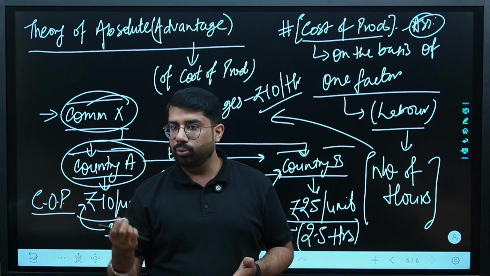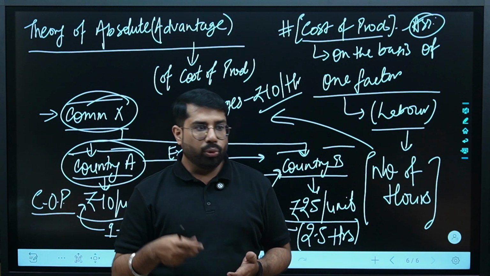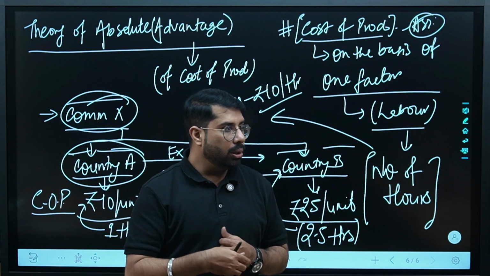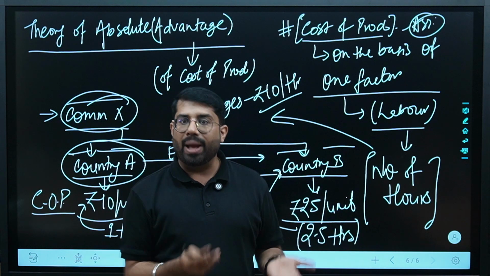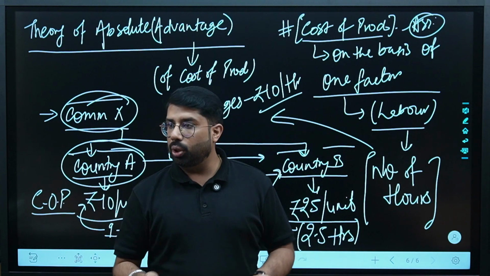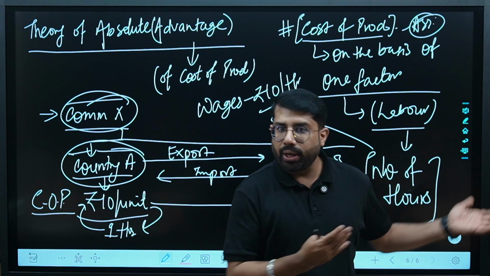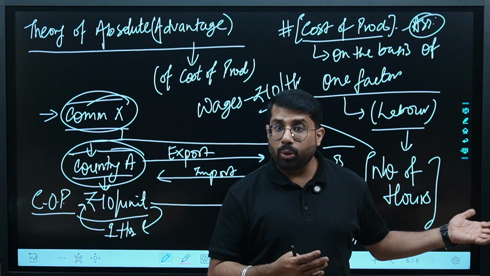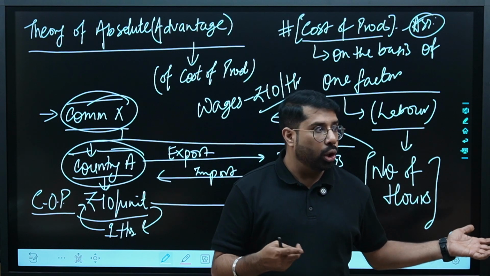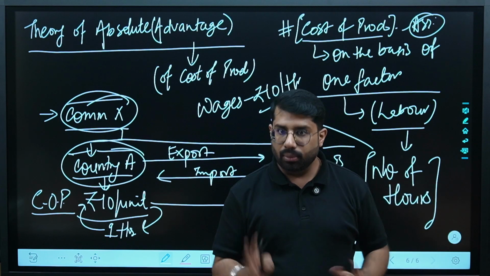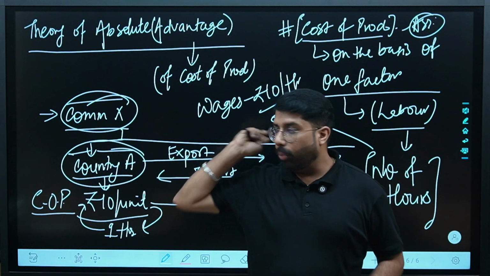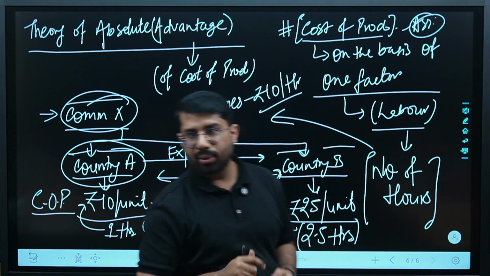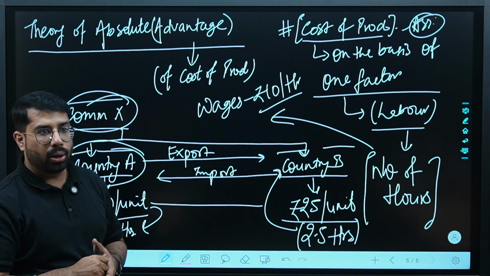So play a skillful game. Think that if you are producing something better than someone, why are you buying it from another person? Produce it yourself rather. You sell it, export it. And if there is something where you are bearing more cost of production, you import it. Yes or no? And the problem with this theory is there is only one factor of endowment, like factor endowment, what we're taking.